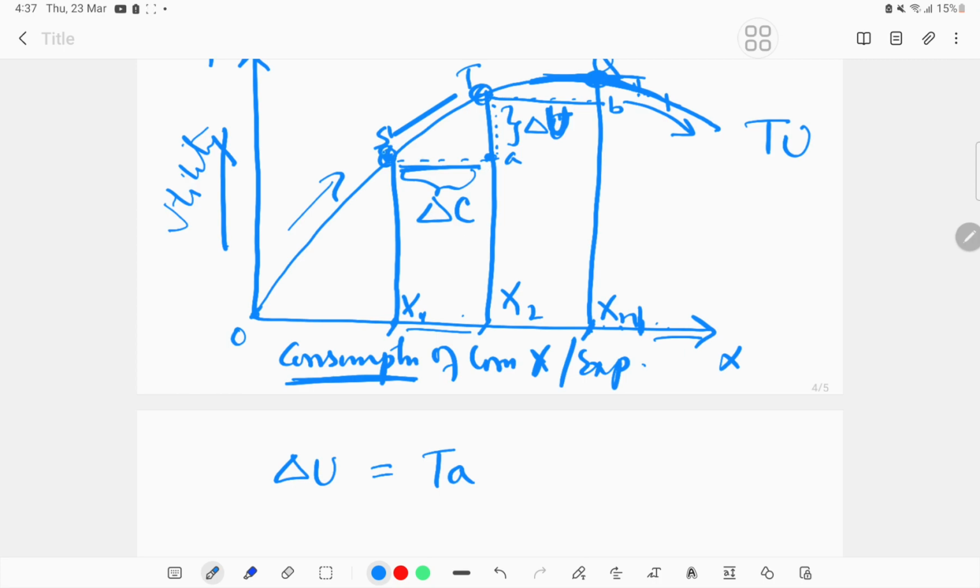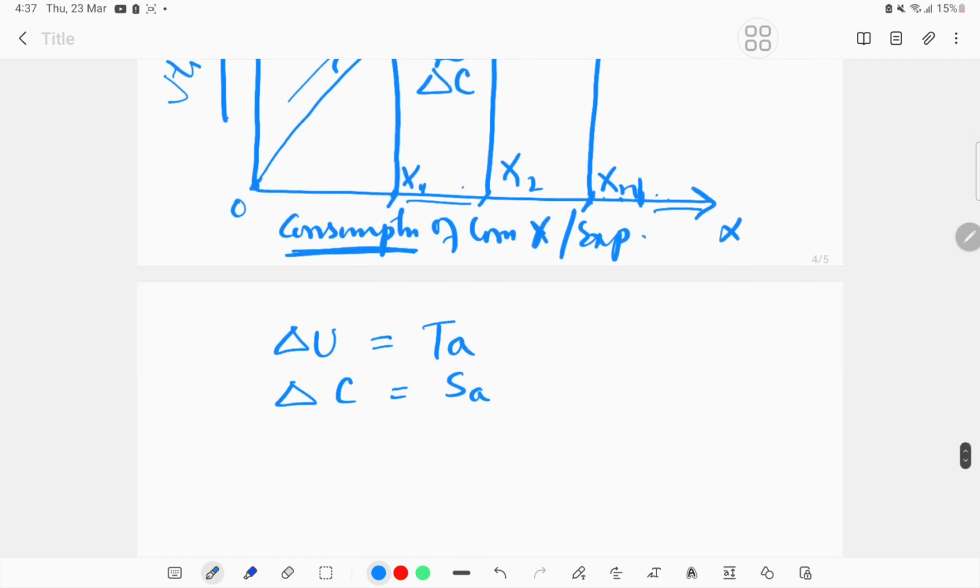Earlier the consumption was at S. After consuming more units, it increases to T. So there is change in consumption from S to A. Change in consumption is SA, and change in utility is TA.